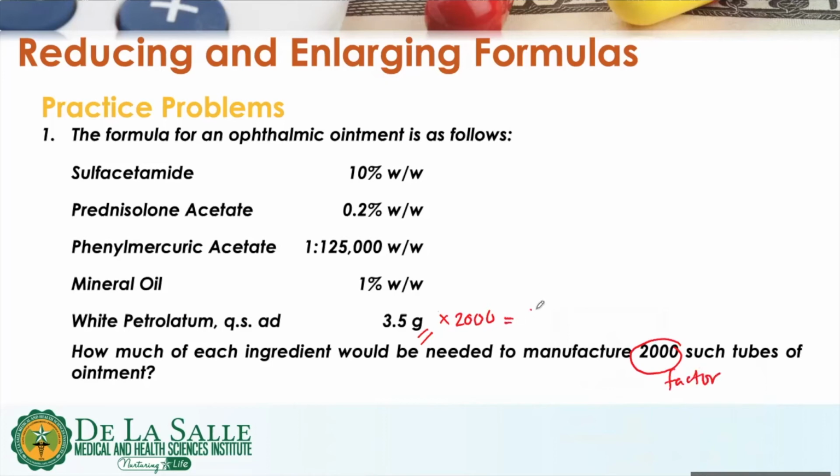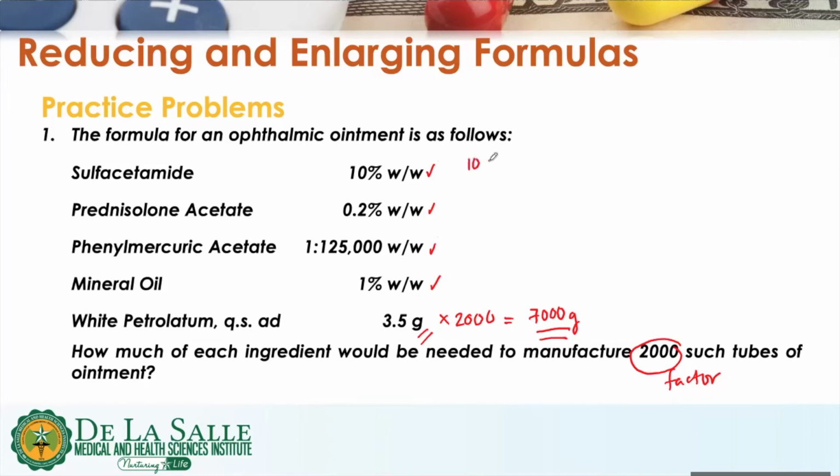And once again, this will be equal to 7,000 grams. And then we will simply determine the amount of each of these ingredients given as percent strength or ratio strength using the total amount that is 7,000 grams. This time, we will just perform dimensional analysis.